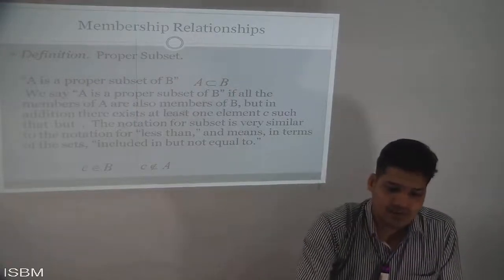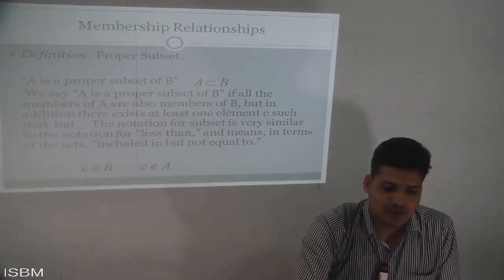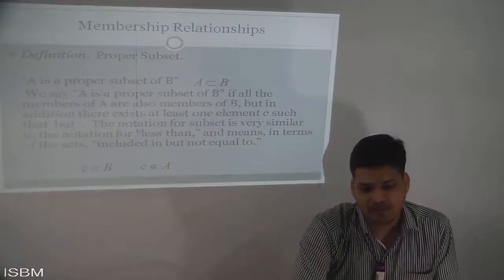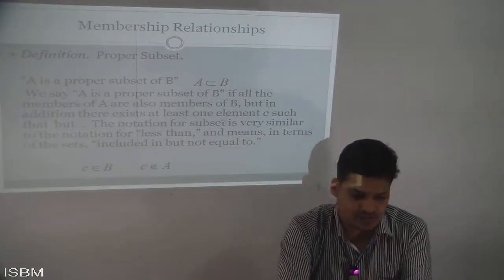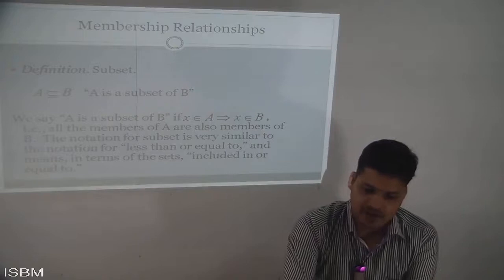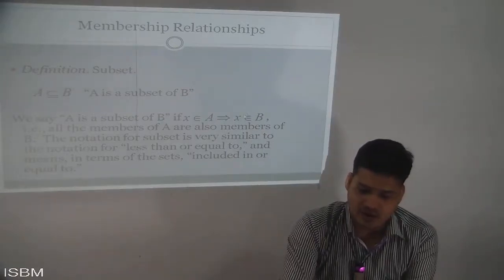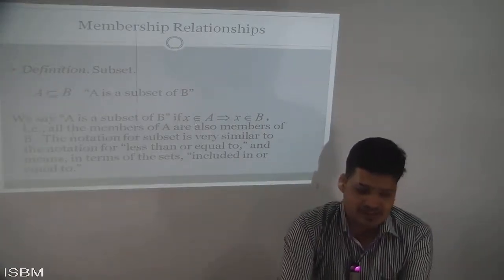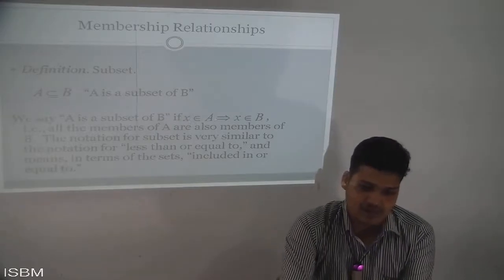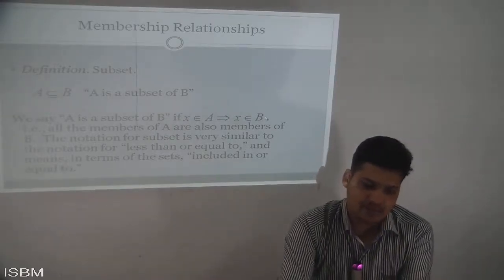We say A is a proper subset of B if all the members of A are also members of B. Here we can see that X is a member of A and X is a member of B also.